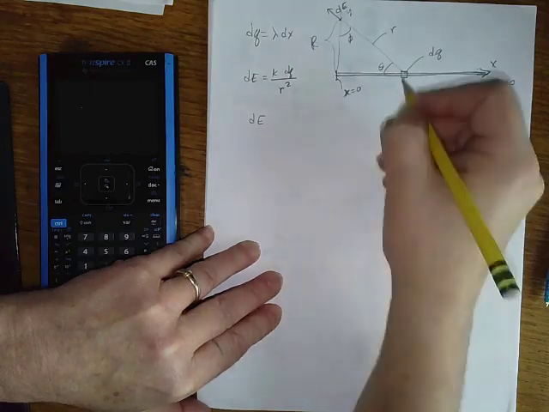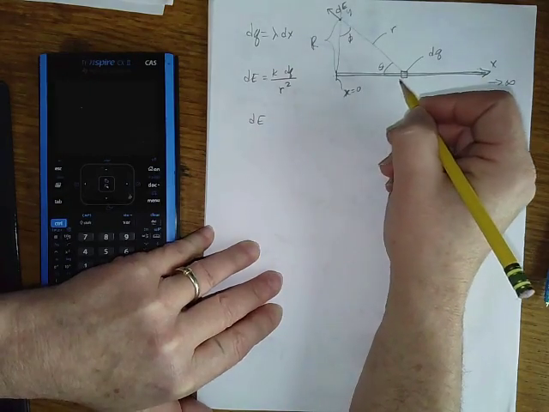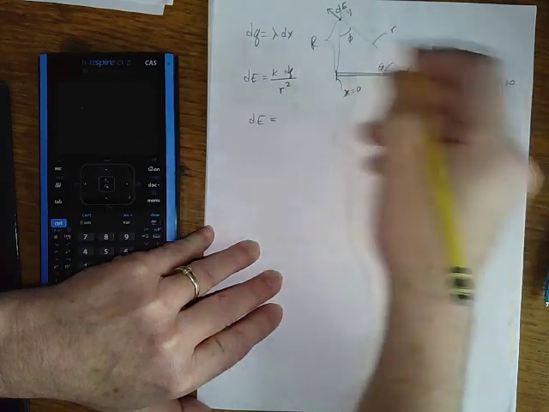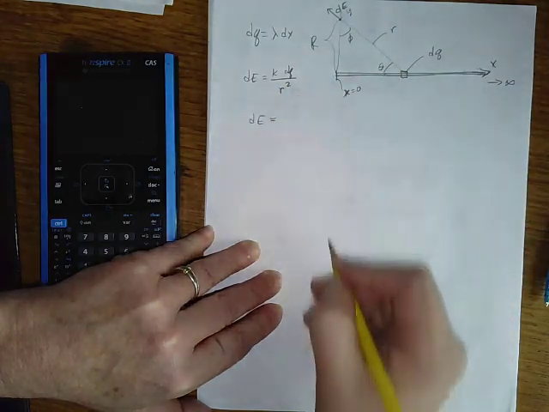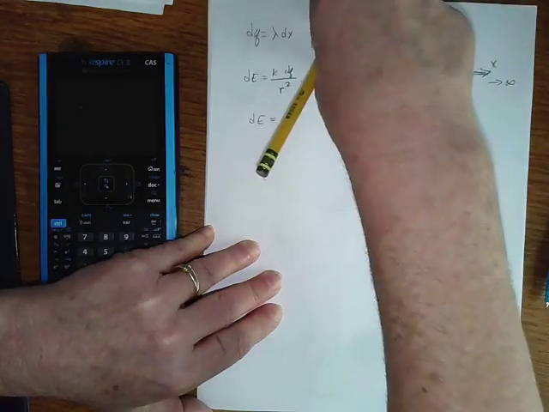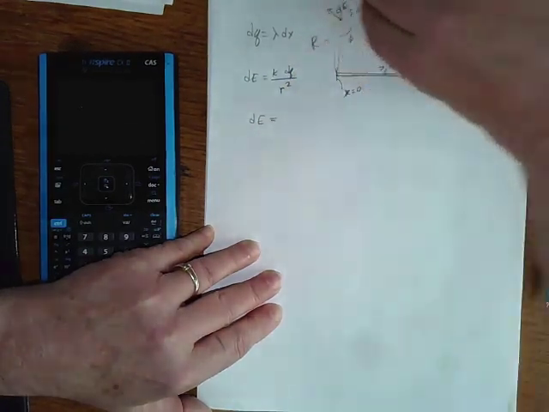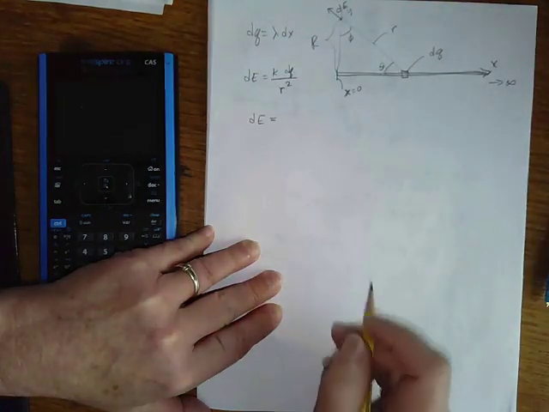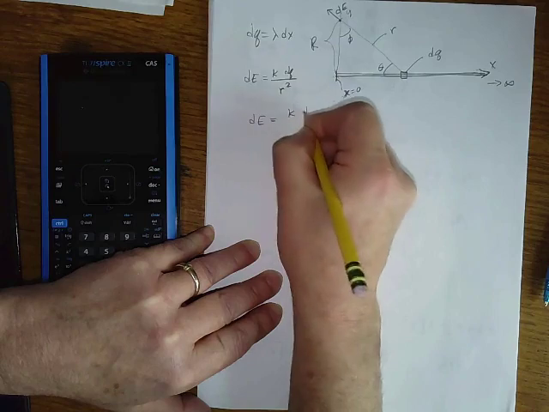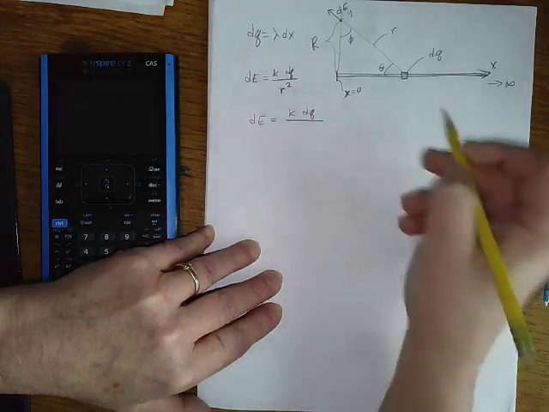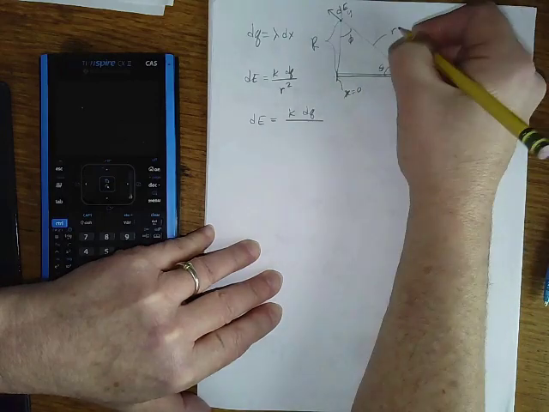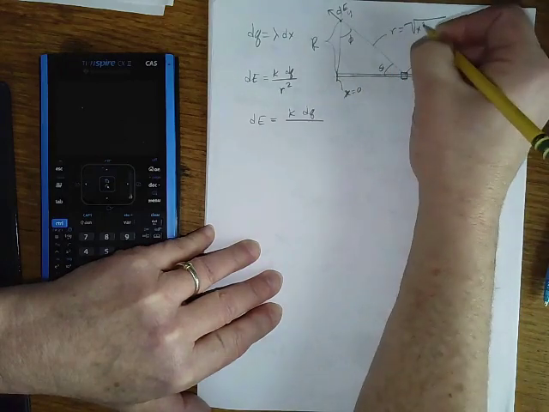To get dE in terms of x and y, we're going to need to fix r, because little r is going to be changing in size now. It starts out as big R, but then it gets longer and longer as x changes. So little r is not a constant now. So we've got k dq, and little r is the square root of x squared plus r squared.